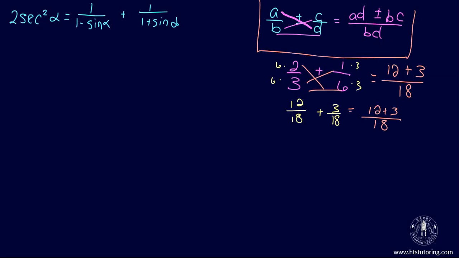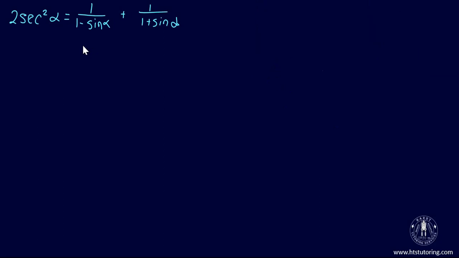So going back over here, we're going to use that method. I'm going to have 2 secant squared alpha equals 1 times 1 plus sine alpha.